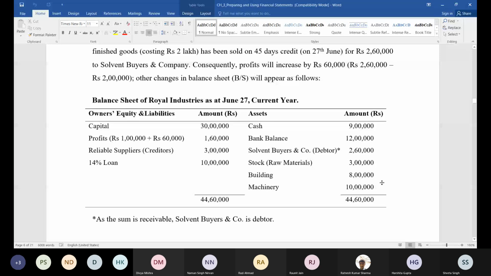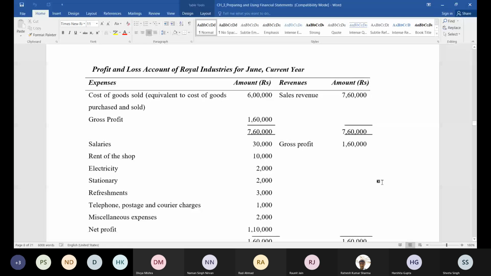Now let us look at the P&L for Royal Industries for June. Here you can see the sales revenue worth 7,60,000 given on the right side, and over here we have cost of goods sold. It is also called COGS. This is basically, in case you have a trading firm, all the things you expect to buy.